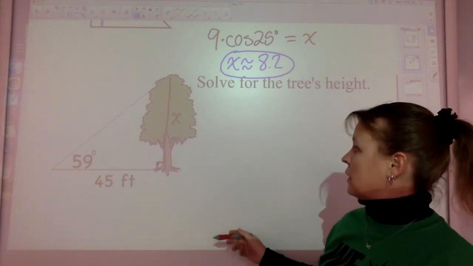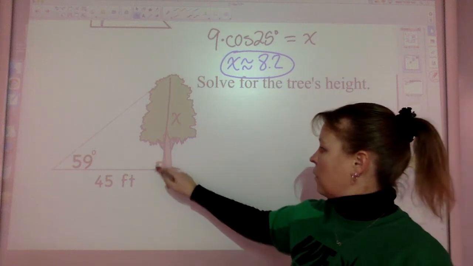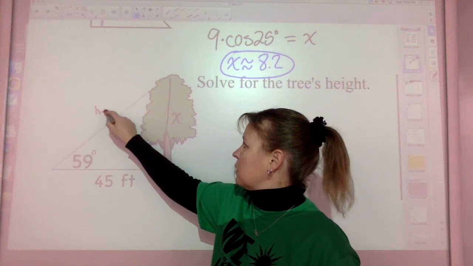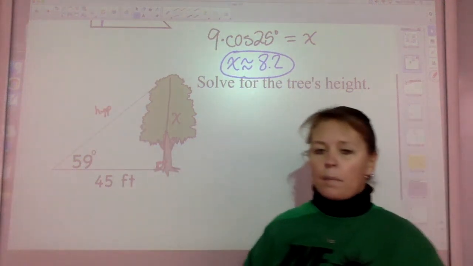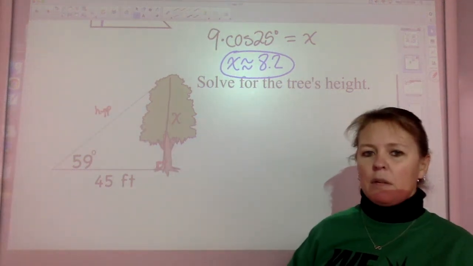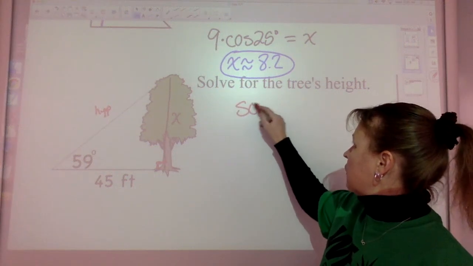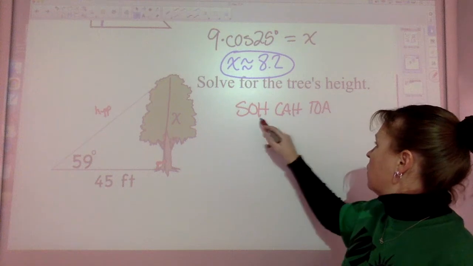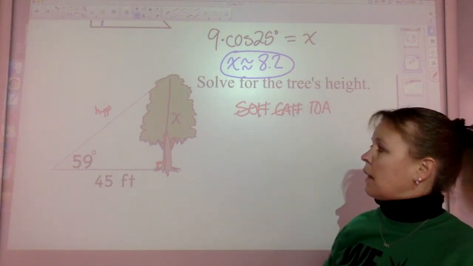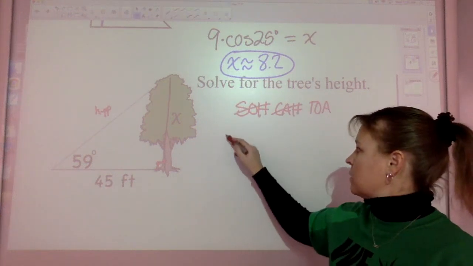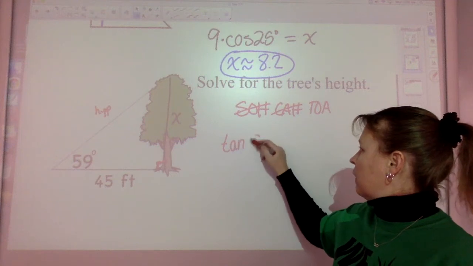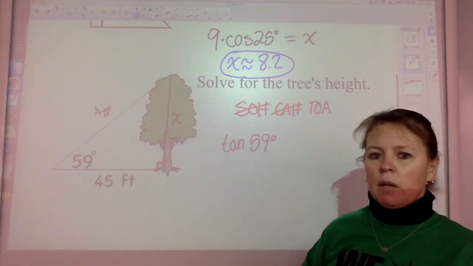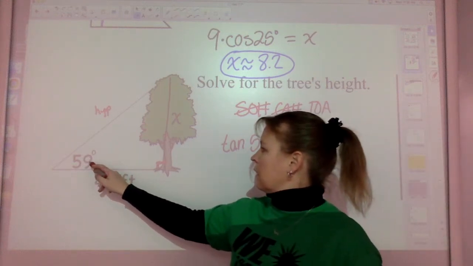We don't know if we're using sine, cosine, or tangent yet. Let's find what we need. Here's your 90-degree angle. Here's the hypotenuse. We definitely don't need the hypotenuse. So if you're spelling out our acronym, SOHCAHTOA, we don't need the hypotenuse. We know we're going with tangent of 59 degrees. Which one is which?